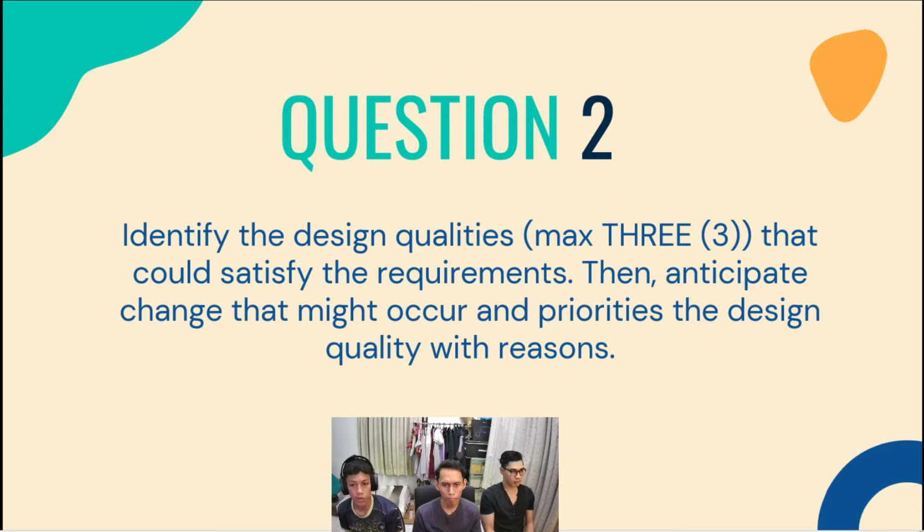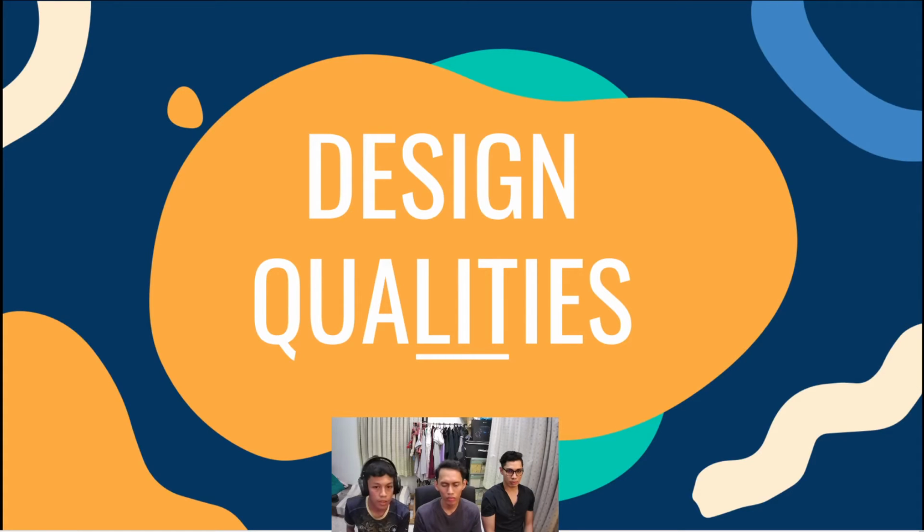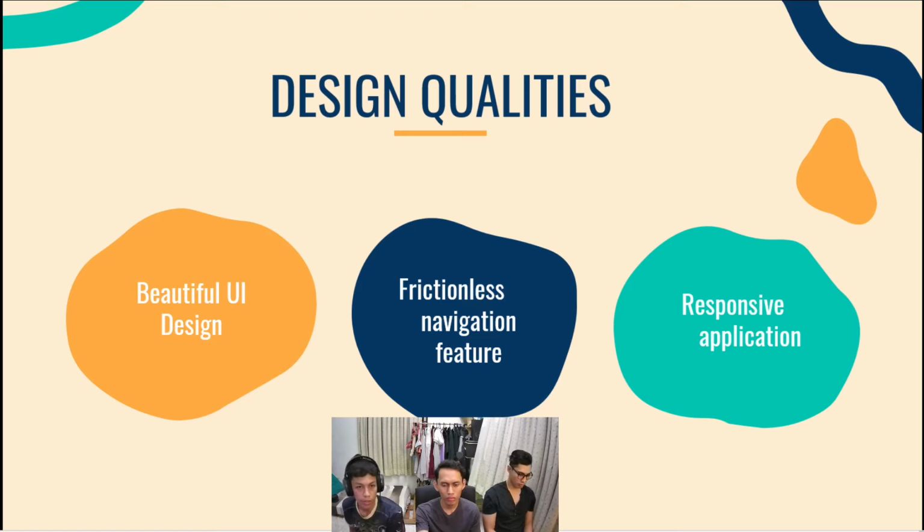So without wasting any more time, we will continue. We will go first with design qualities. For design qualities, we focus on 3 main aspects: the first one is beautiful UI design, the second one is frictionless navigation feature, and the third one is responsive application.